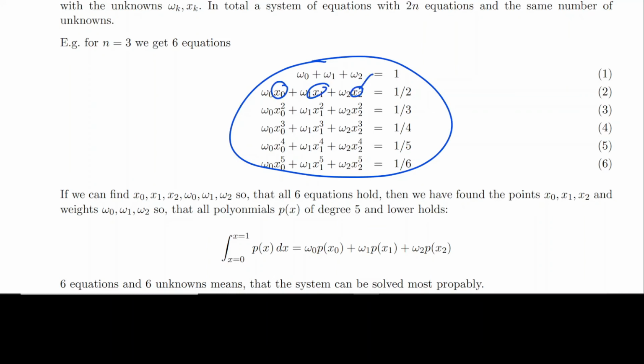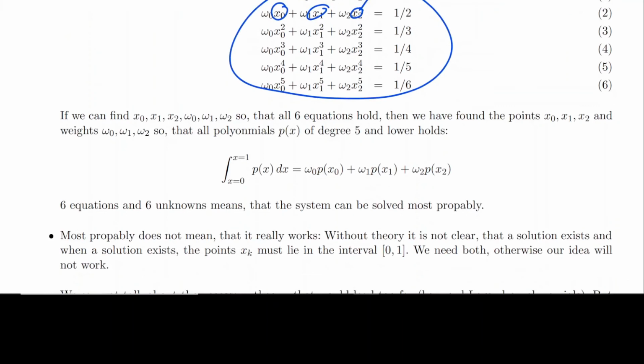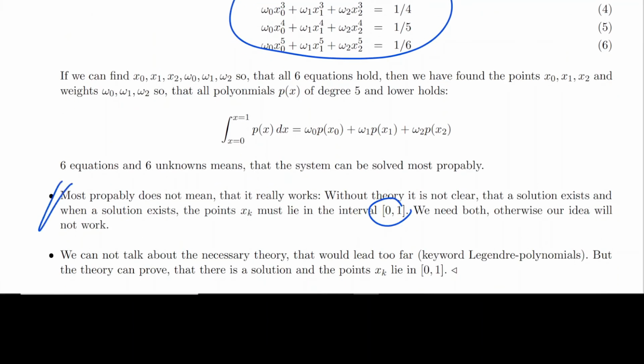If the positions x0, x1 and x2 of the solution of this system are outside of, in this case 0, 1 and later the interval -1, 1, then we will have a non-satisfying situation, because we want to integrate on the interval, let's say -1 to 1, and in this case it will not be tolerable if the positions lie outside of this interval. So this is also something we don't know in advance. I should have mentioned that in the first video about Gauss quadrature, but I forgot.